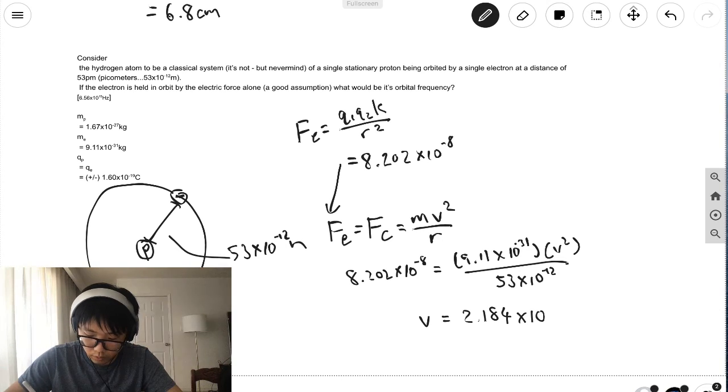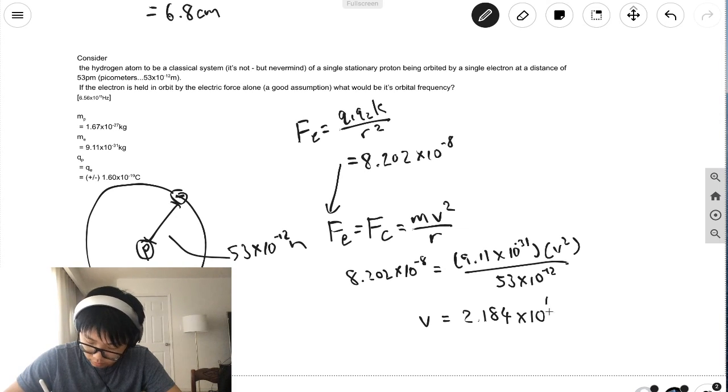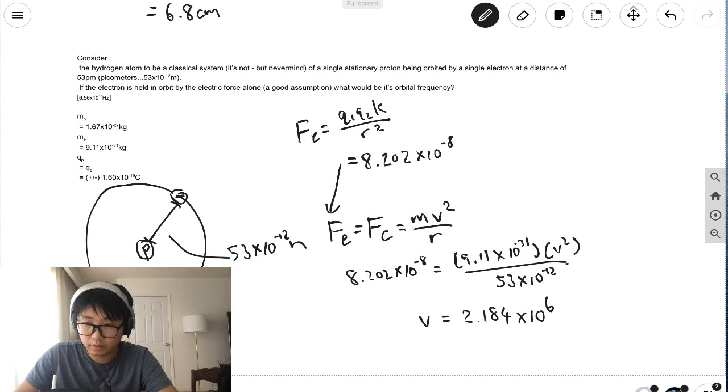I got 2.184 times 10 to the 6 though. Okay, how did you do that? I started with 8.202 times 10 to the negative 8, multiplied that by 53 times 10 to the negative 12, and then divided by 9.11 e negative 31.